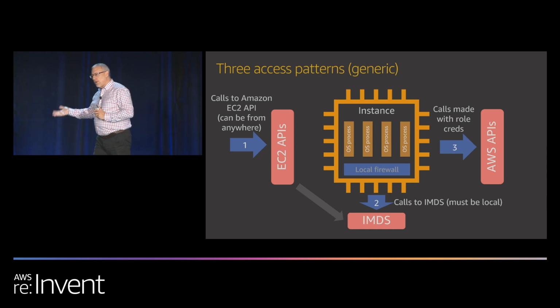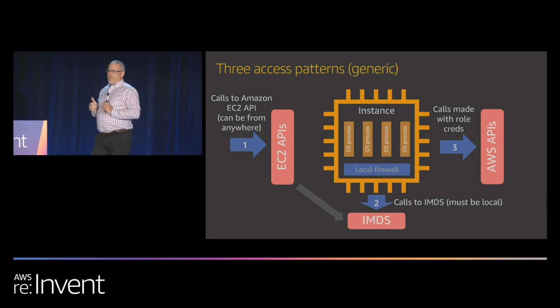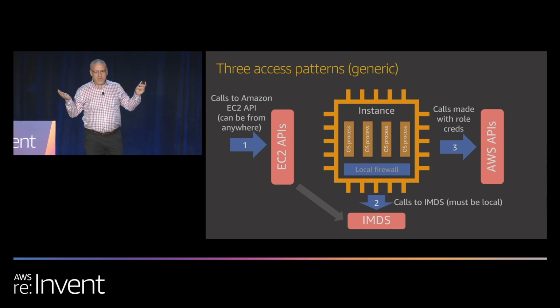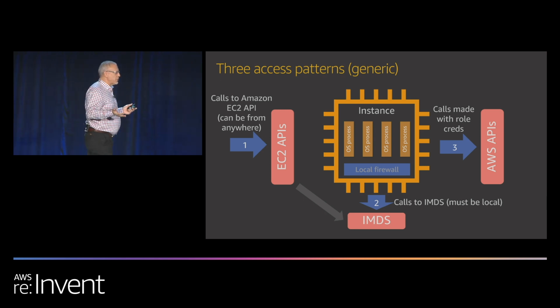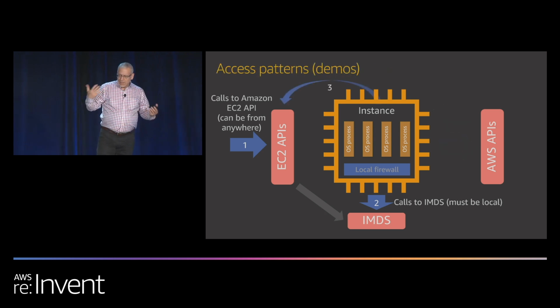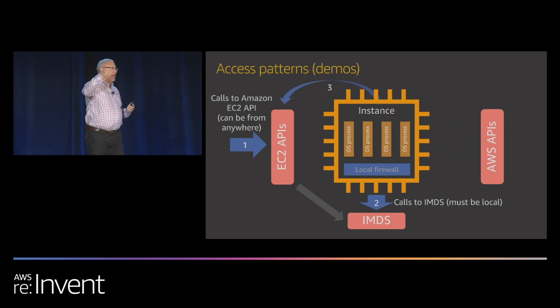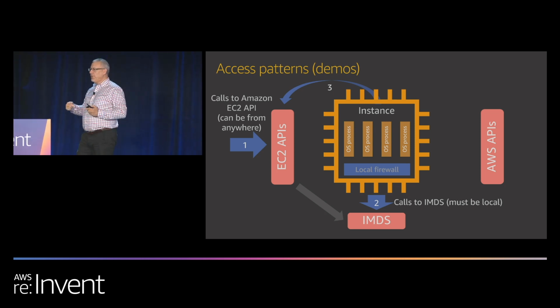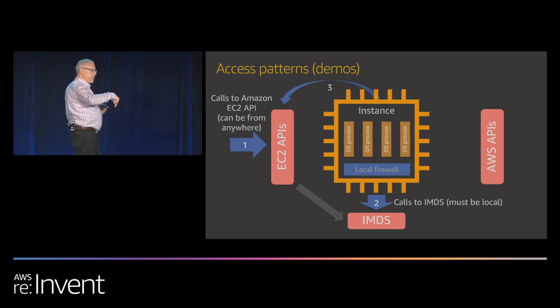Anybody that has access to the API and has the right authorization, the right credentials, could be doing these calls. Now, what's a little confusing, perhaps, is that because of the demo, we'll be doing that from the instance. So we'll be using credentials that we got from the metadata service by calling call pattern 2, to sign the request that we're making, then we call the EC2 API.